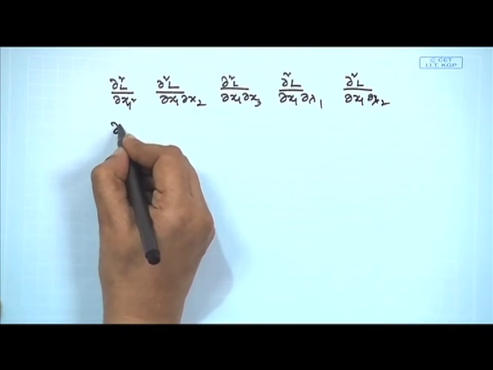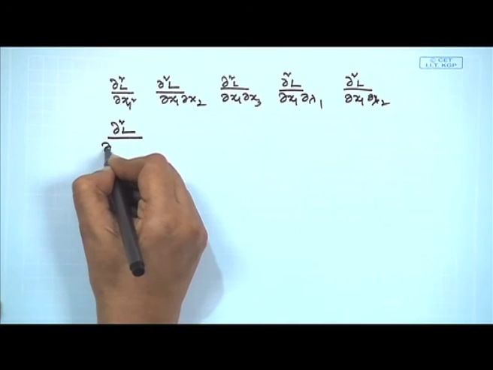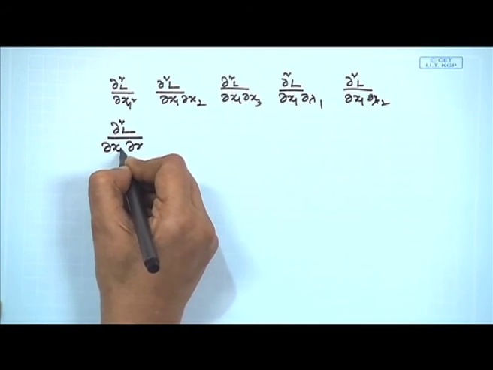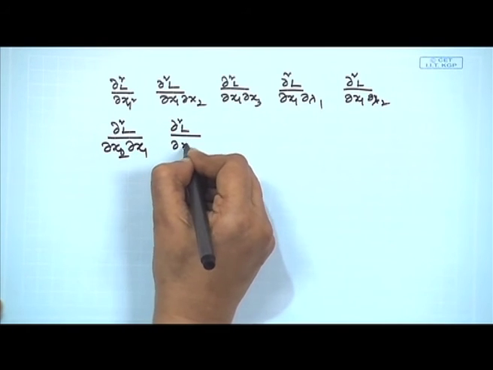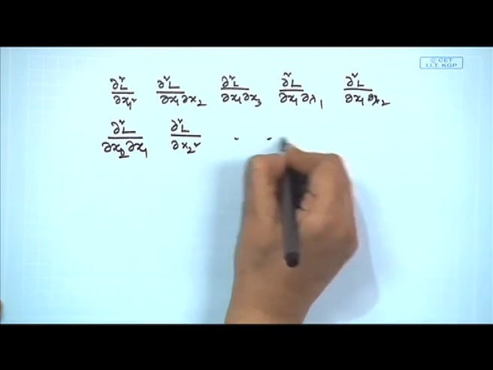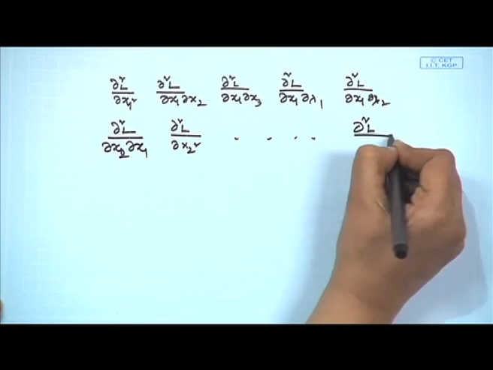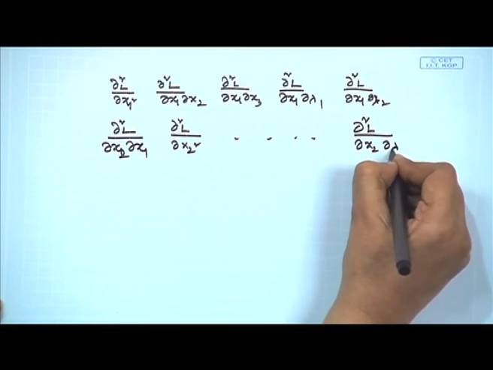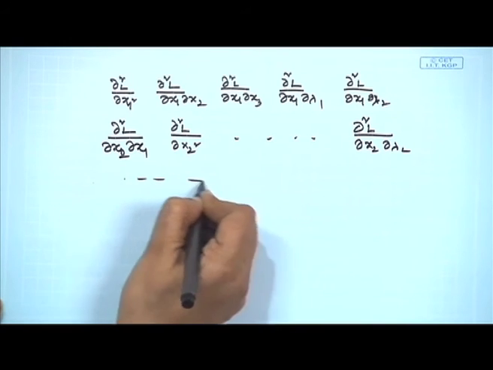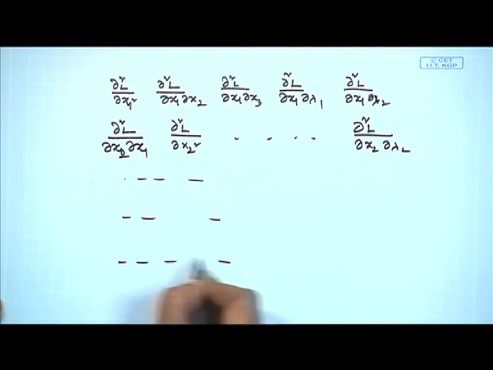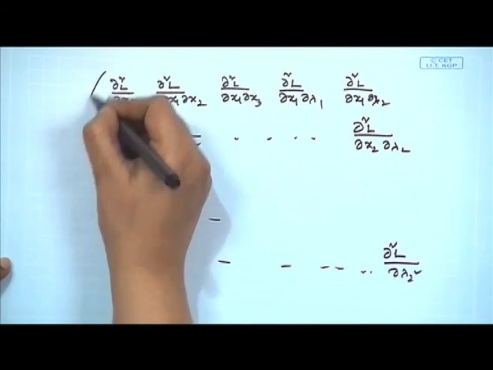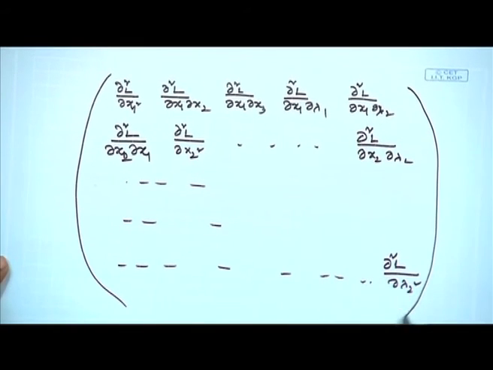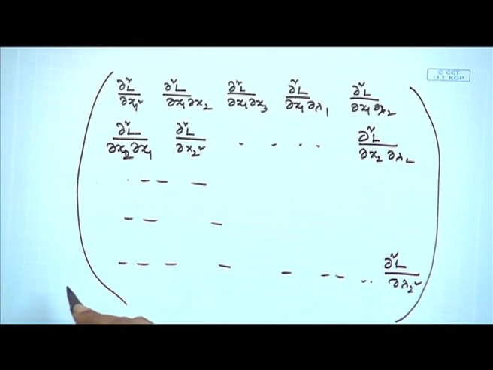Similarly, the second row would be del 2L by del x2 del x1, del 2L by del x2 square, and this term would be del 2L divided by del x2 del lambda 2. There will be 5 rows, and the third row, the last element would be del 2L by del lambda 2 square. If you find this matrix, that is the Hessian matrix for you.